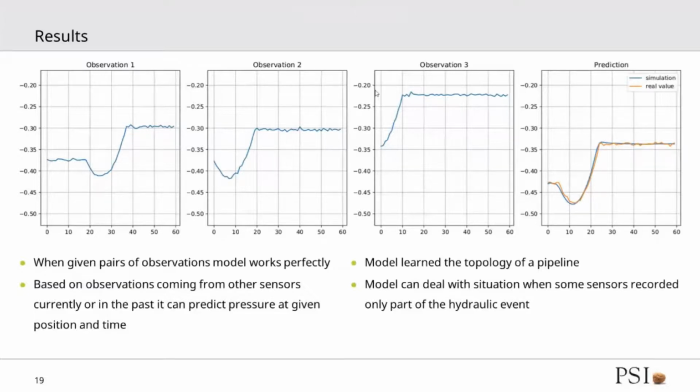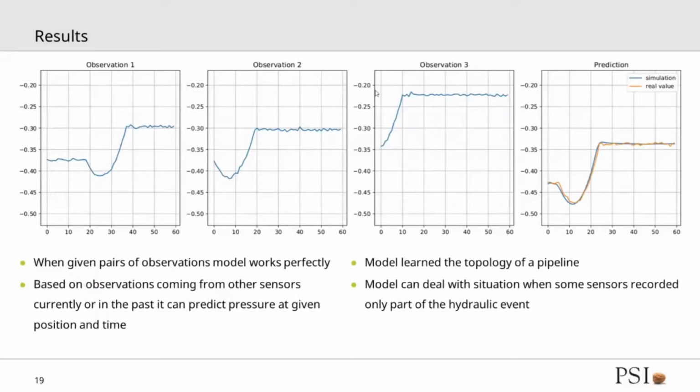As mentioned before, when given pairs of observations, the model works very well. There is just a very little difference between the simulation and the real value, which probably comes from the noise. And the model is capable of doing what we wanted it to do, so predicting the pressure at a given position and time when exposed to the data from other sensors.